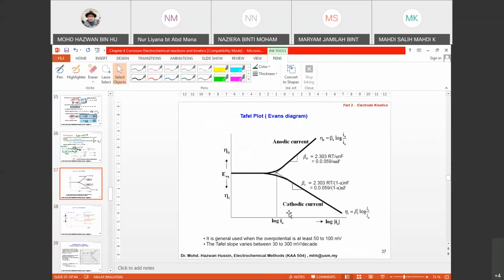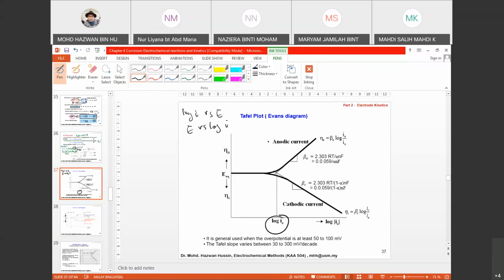So earlier on, I have mentioned to you about the Tafel plot. The Tafel plot is basically the plot of log current density versus potential, or it can be vice versa lah, potential versus log current density.